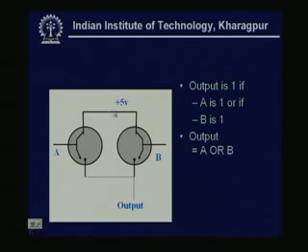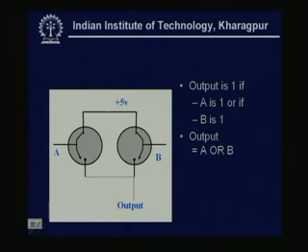Say this line has a plus 5 volt power supply attached. At the base we are applying some input A and here some different input B. Now, if I change my voltage at these two lines, what will happen?